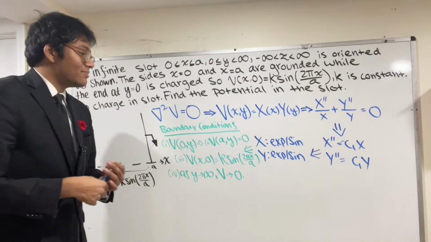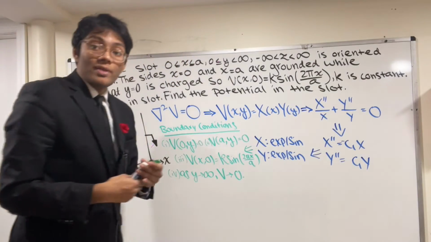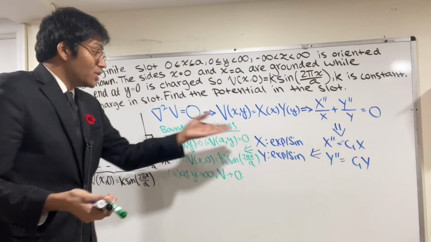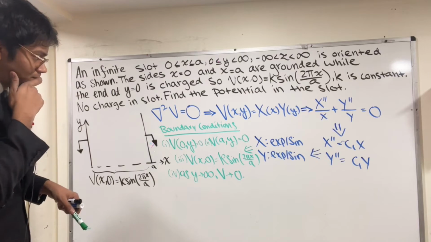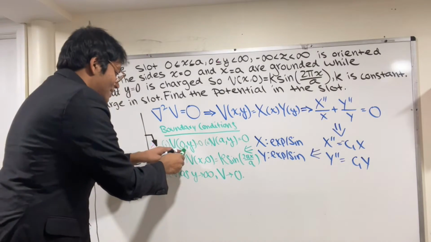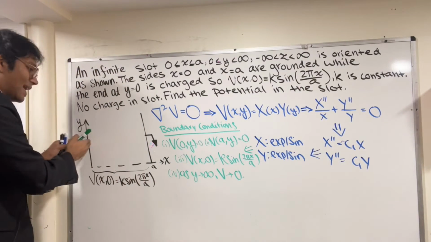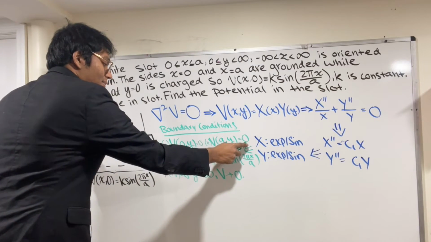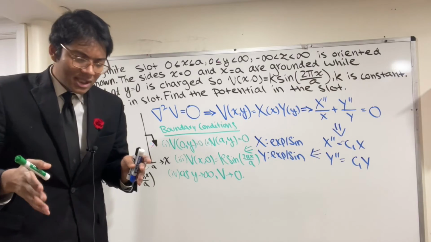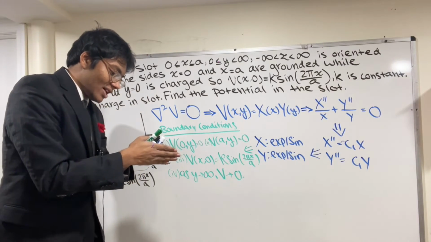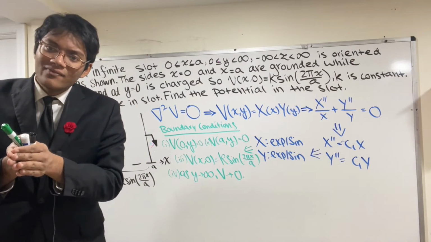Now let's use them to figure out, should x be exponential or sinusoidal? Should y be exponential or sinusoidal? Well, when x is 0, potential is 0. When x is a, potential is 0 again. Wait, what kind of function starts at a value and comes back to the same value?